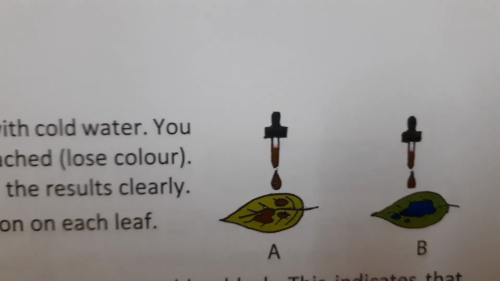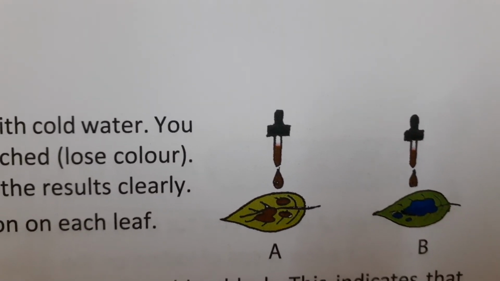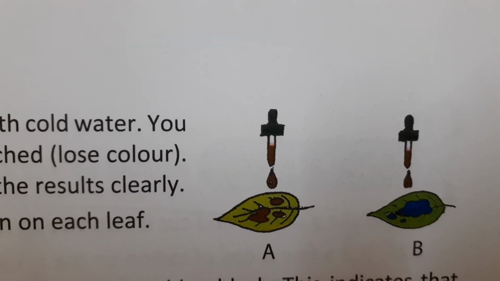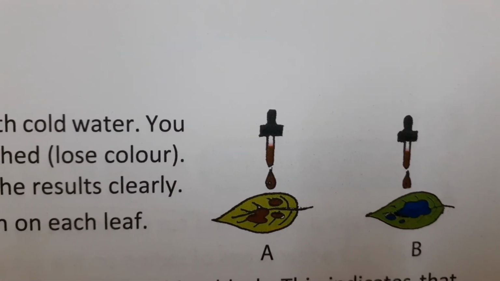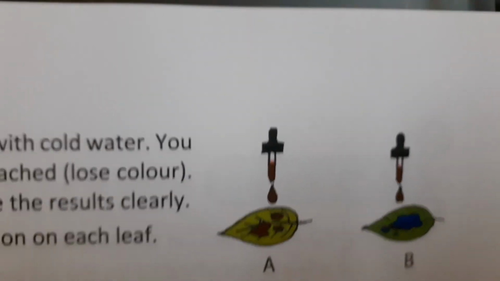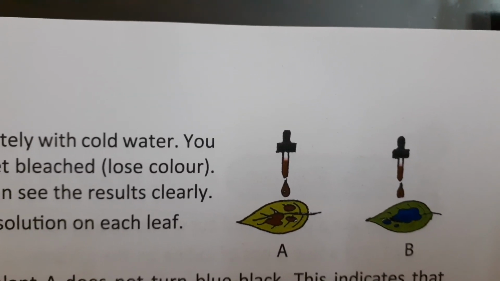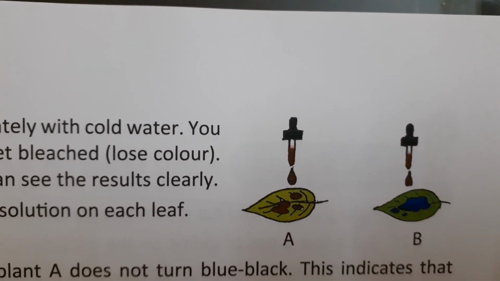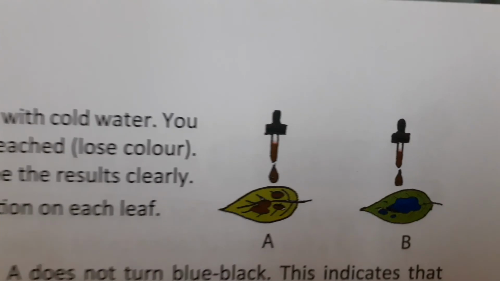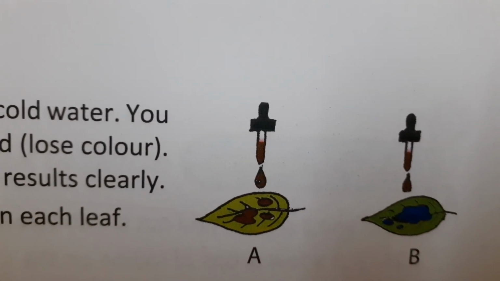So, we understand that photosynthesis was not carried out in plant A, while the leaf of plant B turns blue to black, showing the presence of starch. This means that plant B carried out photosynthesis properly.